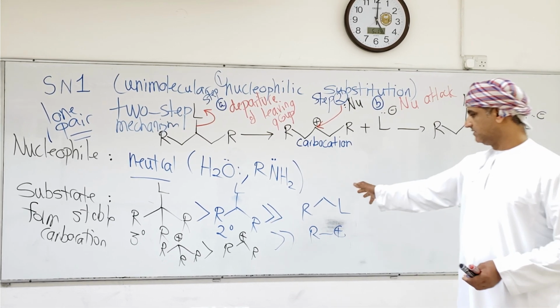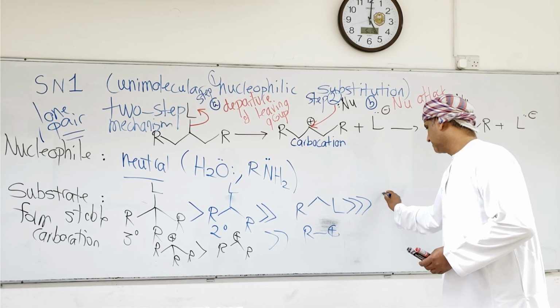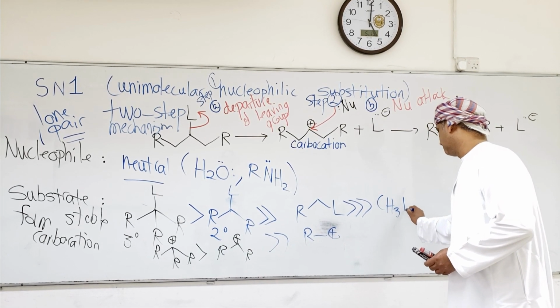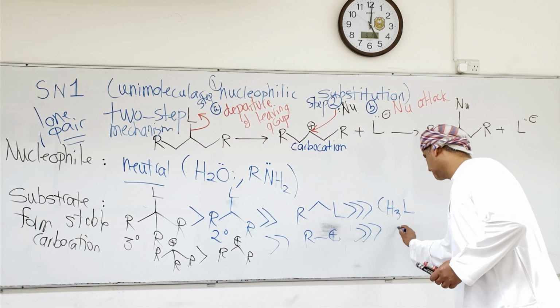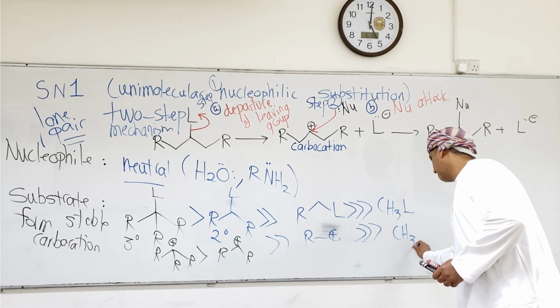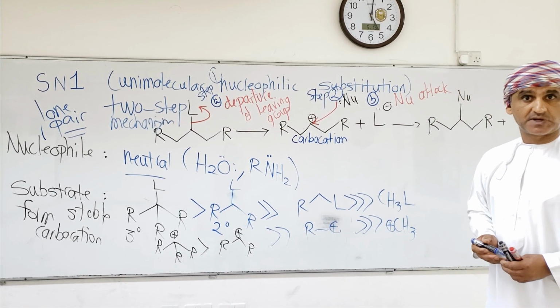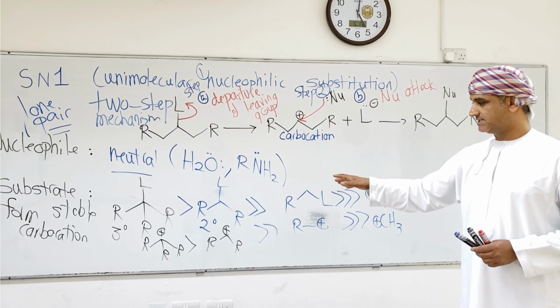So these are virtually ineffective really in SN1 type mechanism. Yeah, that's because of the stability of the corresponding carbocations. So here then, the most reactive substrates in the SN1 mechanism are tertiary substrates, followed by secondary ones.